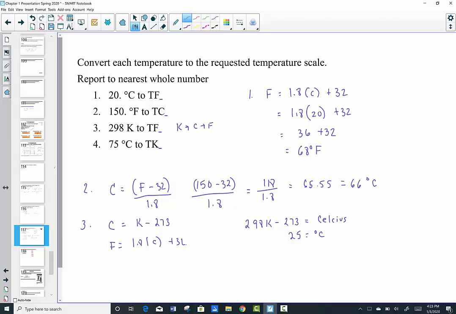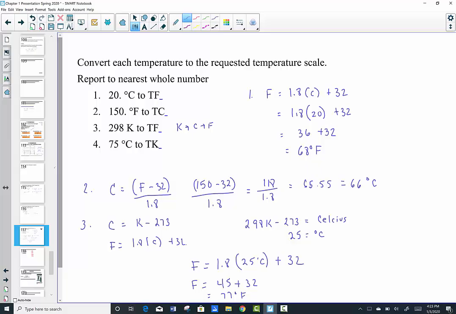Then I can find the Fahrenheit scale by taking 1.8 times that Celsius we just found and adding 32. 1.8 times 25 gives us 45, and now I need to add 32 to that. And I found 77 degrees Fahrenheit.